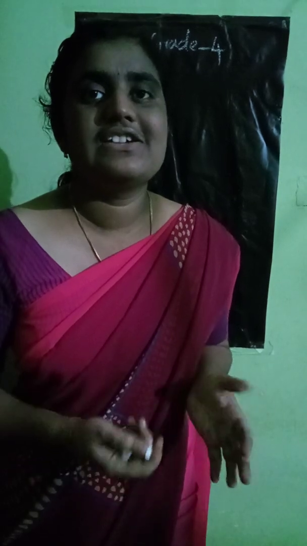The blood carries these nutrients and oxygen and sends them to all the parts of our body. So children, today we are going to learn about the functions of the circulatory system.